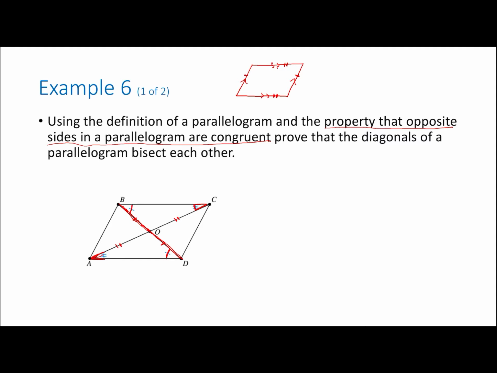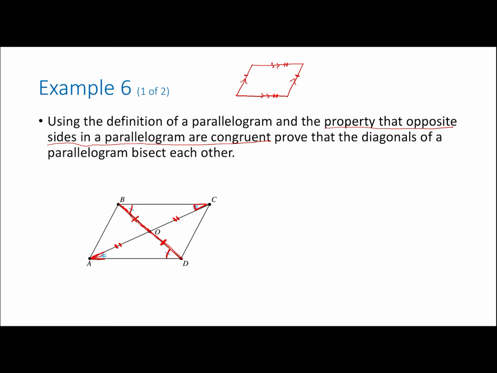And the same thing is true going with the other diagonal, that this angle BCA, so that's this one, and the angle DAC, which is this angle, they have to also be congruent because they're alternate interior angles.